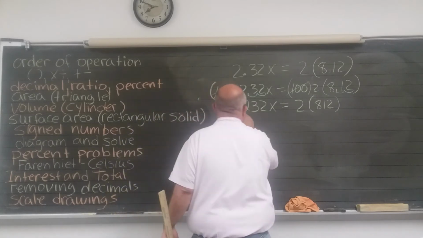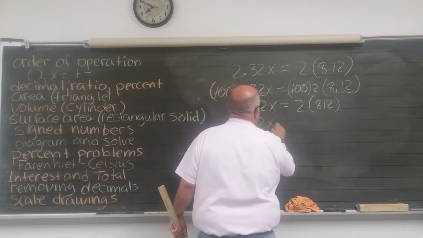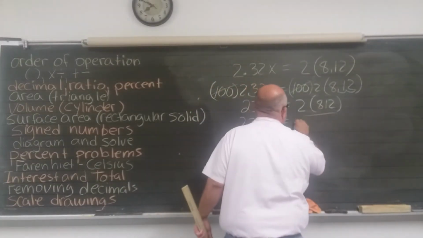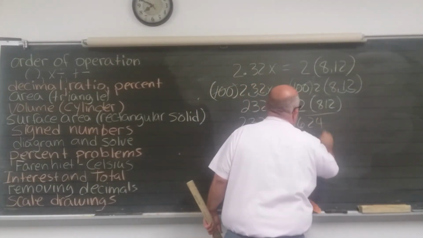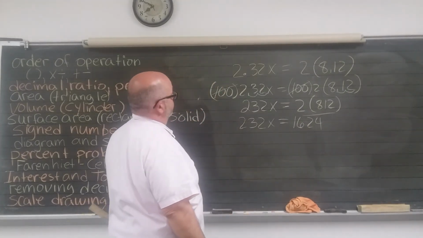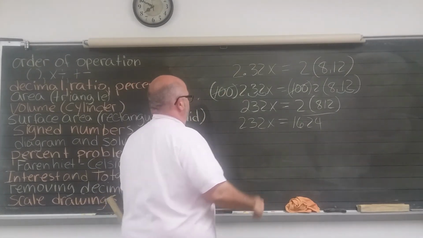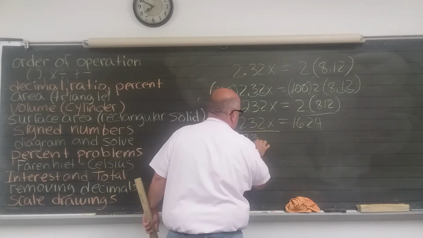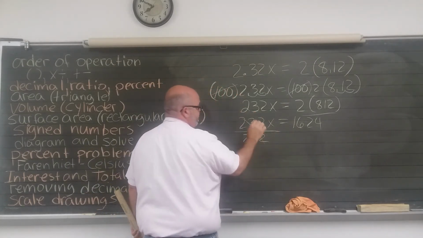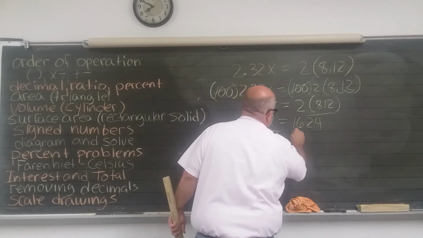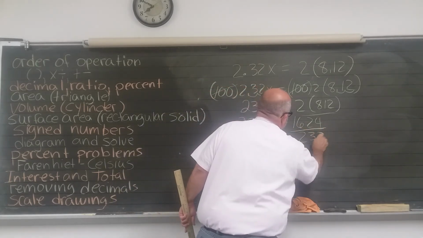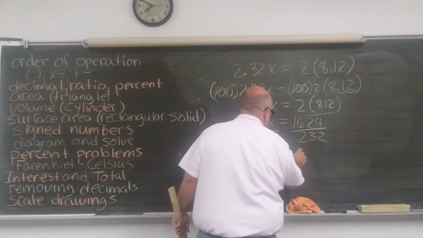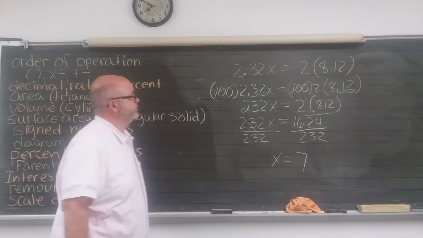Now just keep this 232x equals, what is 2 times 812? 1624. All right? Now you're ready to divide. Get rid of the 232 by dividing by 232 so that all you have left is x, right? Divided by 232. If you divide that carefully, you will find that x equals 7.